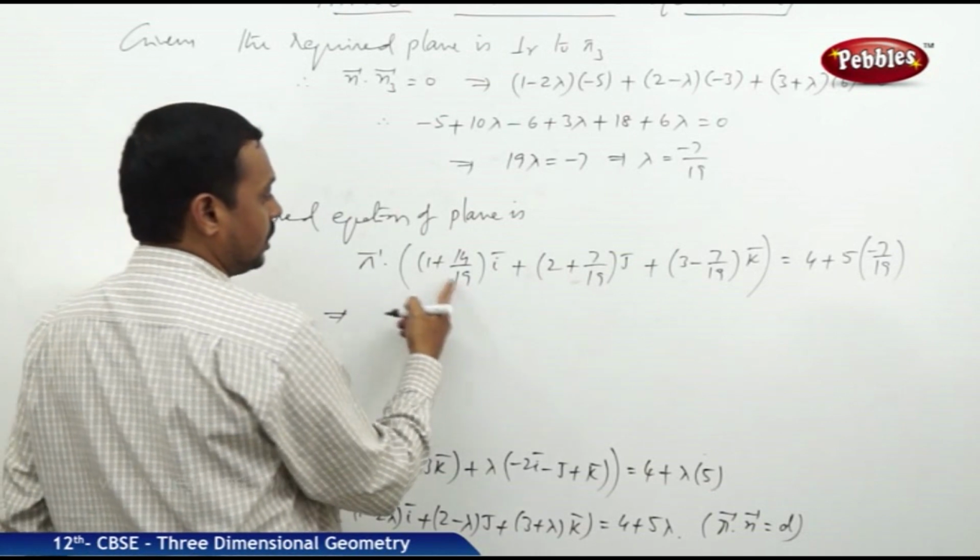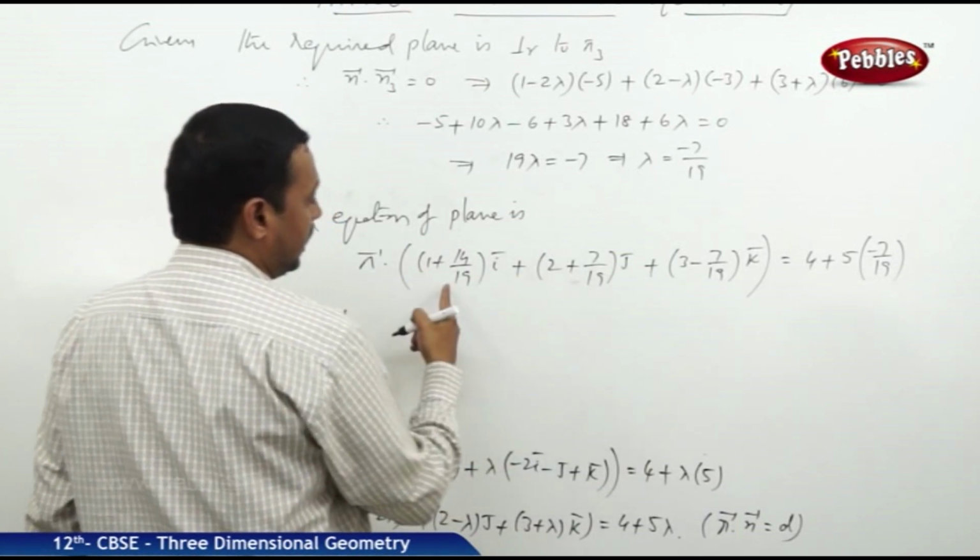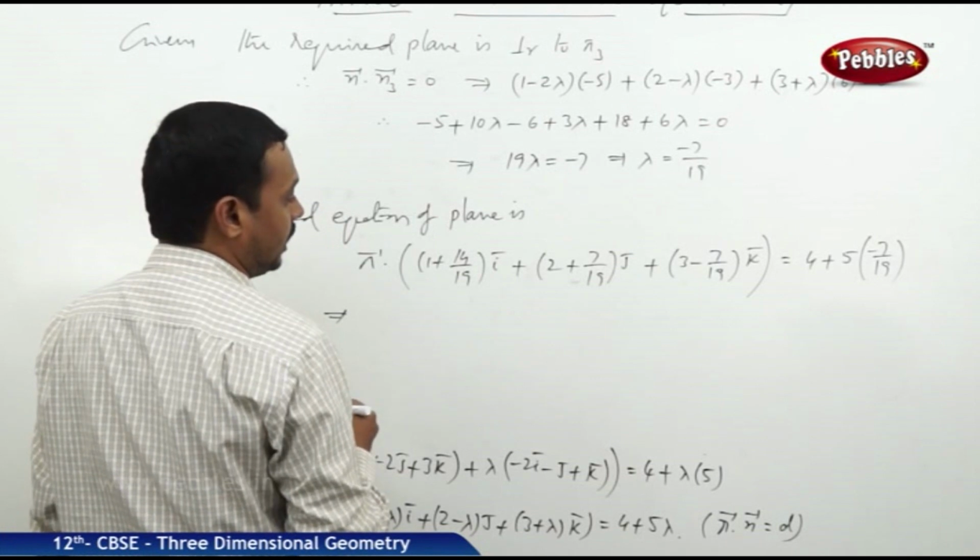Now on simplification, while taking LCM 19, now it is 19 plus 14.